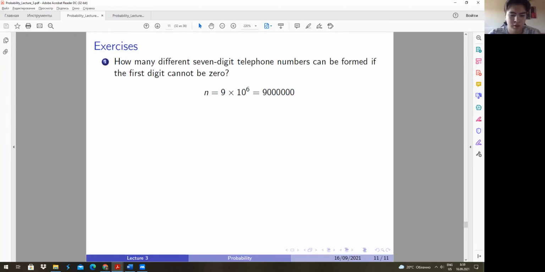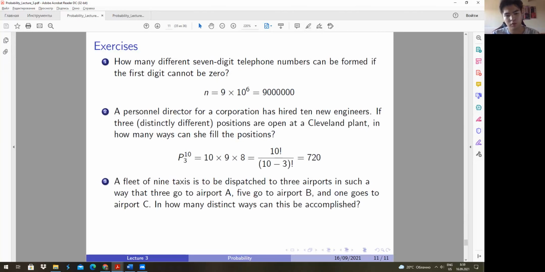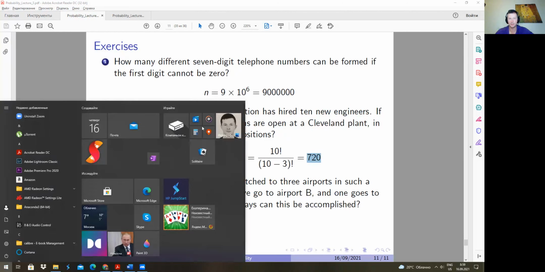On the last slide, the second exercise, with the personal director. If we were to choose not distinctly different positions, but just any three, what formula would we use? Like combination? You need to divide the 720 by 3 factorial. Yes, so it's going to be 720 divided by 6.